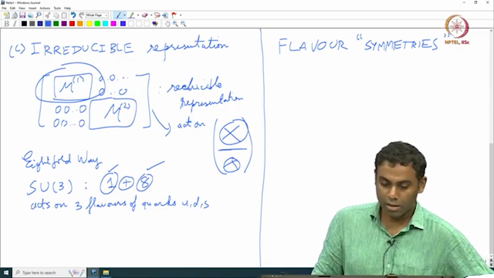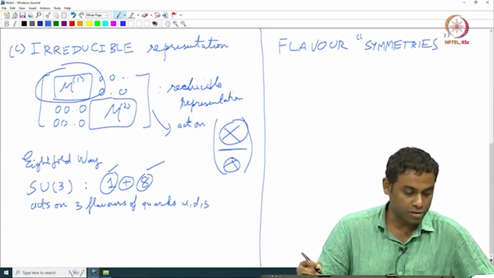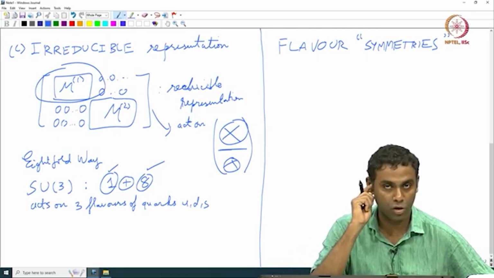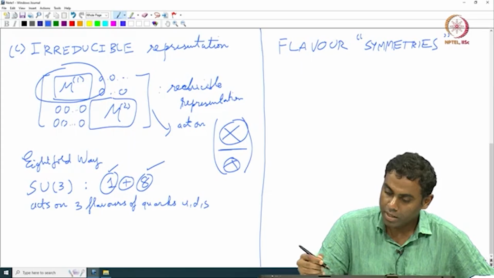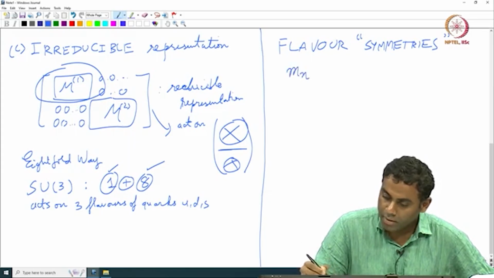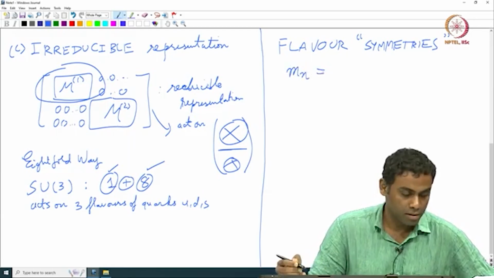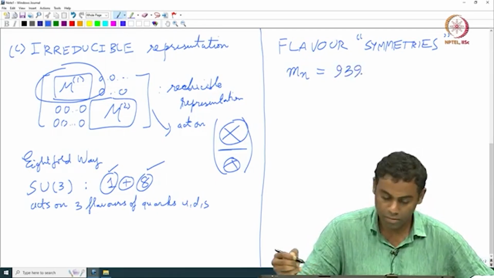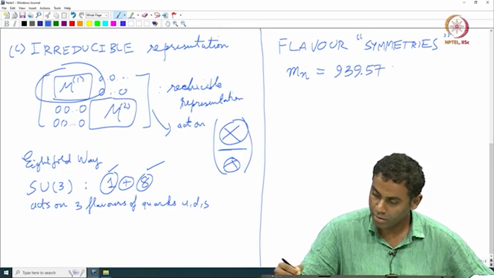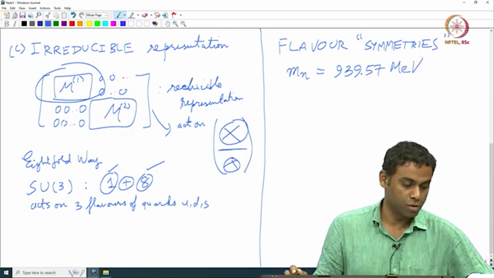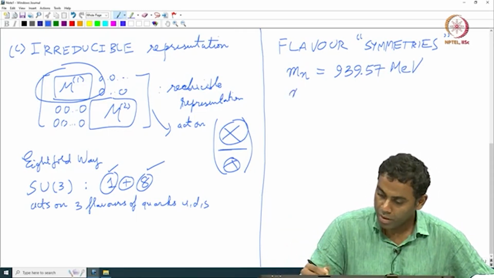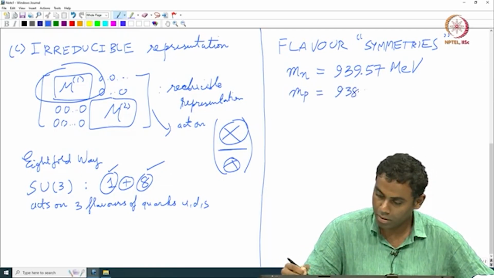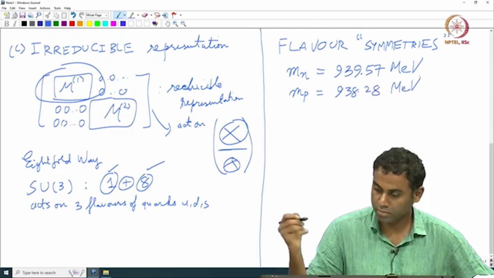So, let us begin with an observation that Heisenberg had made. Okay. I mean, we can also make this observation, but Heisenberg particularly saw something more in this, namely he observed that the mass of the neutron, okay, which I am writing up to 2 decimal places, is not particularly far off from the mass of the proton, correct.